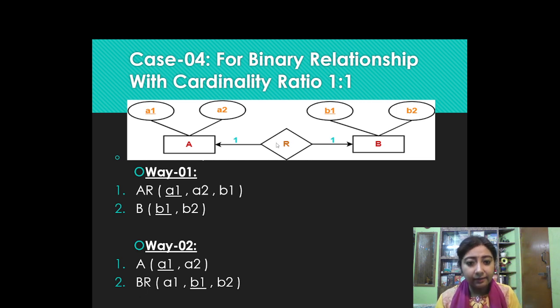Now B can combine with R. At that time, the values will be B1, B2, and then the foreign key A1 will come here. So these two ways are here, and we can implement any one of these ways, not both together. This is in the case of relationship cardinality ratio 1:1.